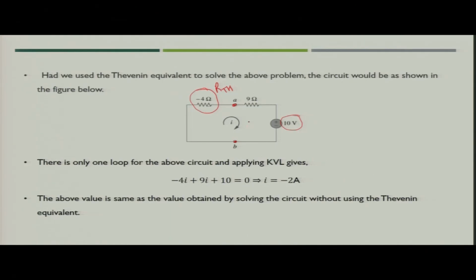When you apply KVL in this circuit, you again get current I as minus 2 ampere.